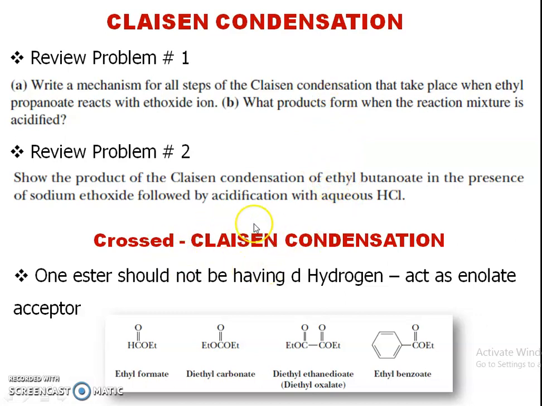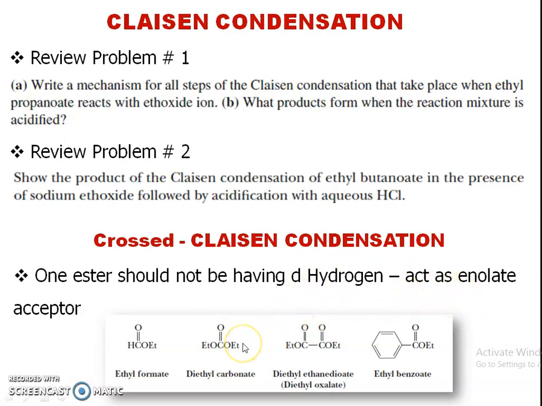And coming to the crossed Claisen condensation. In crossed Claisen condensation, we use one ester that does not have an alpha hydrogen atom, and it can act as an enolate acceptor.